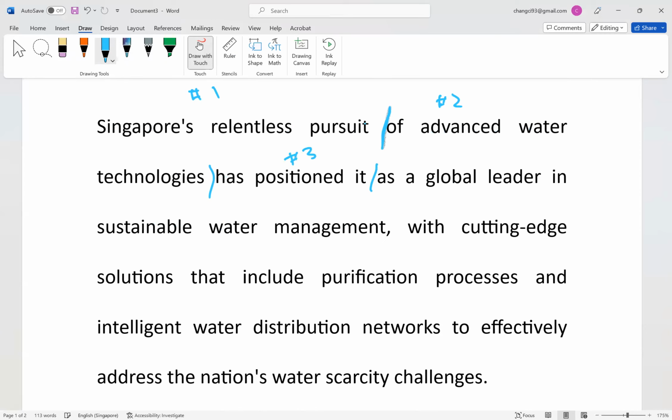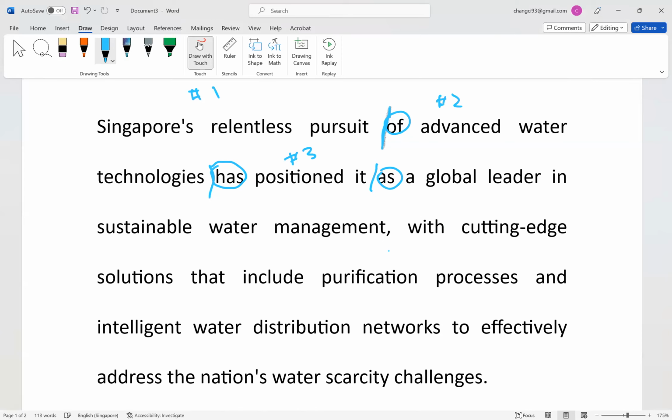as a global leader. So I'm using this preposition, and in this case, technically this is a verb, but again, the rule of thumb is to make use of prepositions and conjunctions, right?